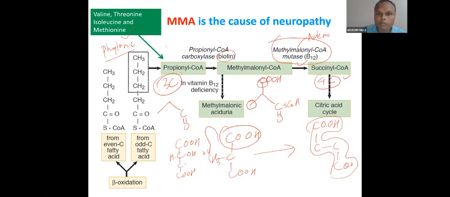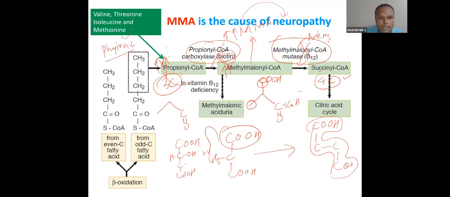This pathway is very, very important. Remember two enzymes, two vitamins. If this vitamin is deficient, what will happen? There is high propionic acid and high methylmalonic acid, MMA, and this will cause neuropathy.